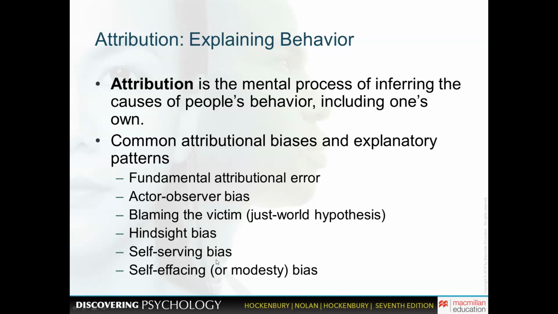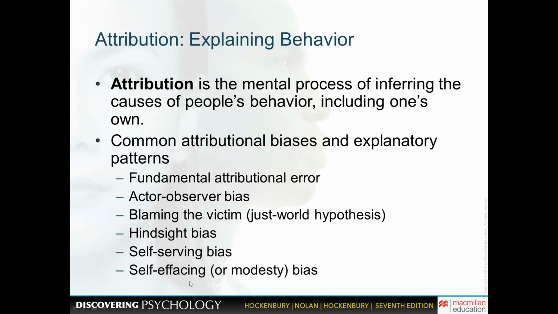Okay, the last type of bias is what's known as self-effacing bias. That's when we tend to blame ourselves for our failures, and we attribute them to internal personal causes, and downplay our success by attributing that to external situational causes.